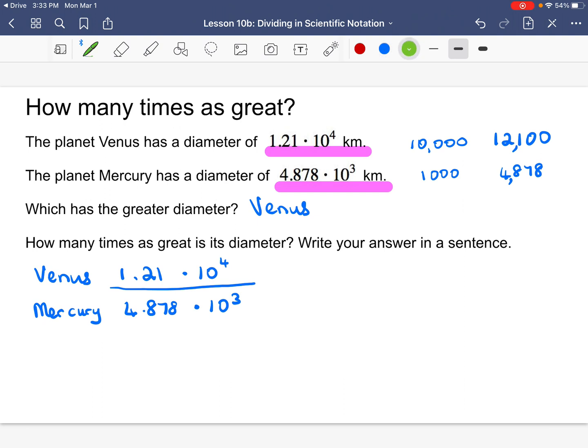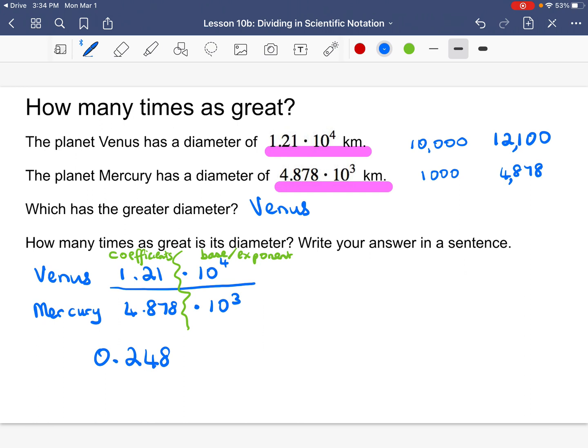So again, I'm going to split the problem. I'm going to deal with the coefficients first, and here I've got the base and exponent pairs, which I'll deal with next. So 1.21 divided by 4.878 is 0.248, and a lot more digits, but I'm going to round it there, 0.248.